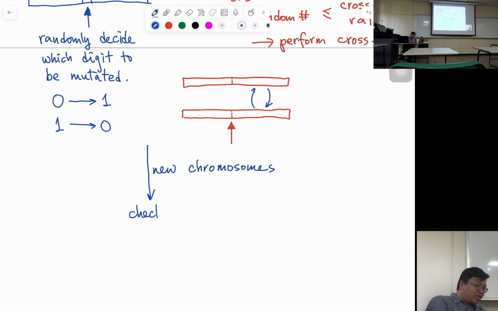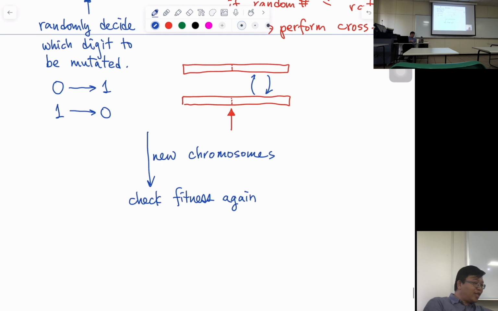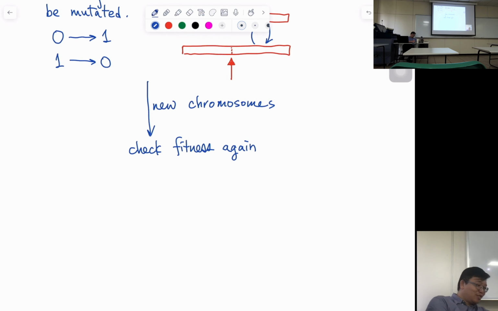You will check fitness again, and you move on to the next generation. Usually they will keep the best one. We call that the elite chromosome. You can keep 1, you can keep 2.